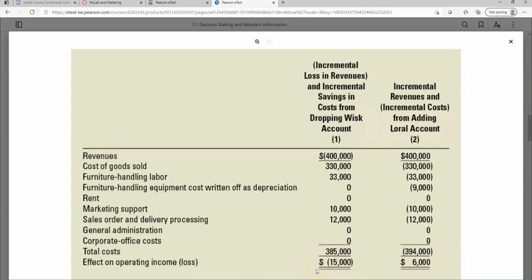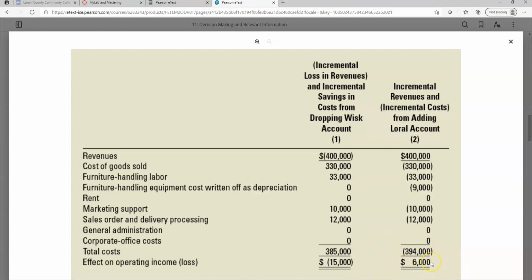Then let's see what happens if we add revenue by adding another account. The assumption is the same, that the costs and everything are going to be pretty close. If we add the L'Oreal account and drop the Whisk account, what's going to happen here? We're going to get a $6,000 increase in operating costs.